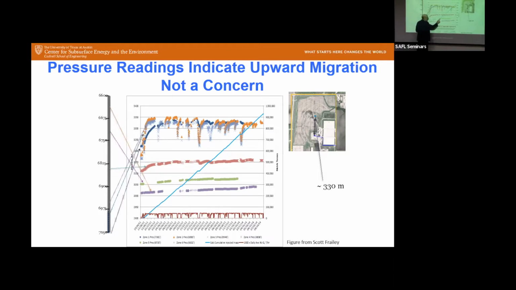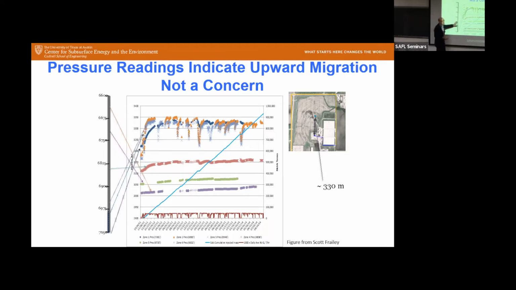And when we turn the well on and off, there's hardly any perturbation. If we go even shallower, we see that it's even flatter. What that's telling us is that it doesn't look like the CO2 is rising up, at least at that monitoring well. And there's not a direct hydraulic connection between the deeper injection interval and the shallower material, even though it's in the same high permeability formation.